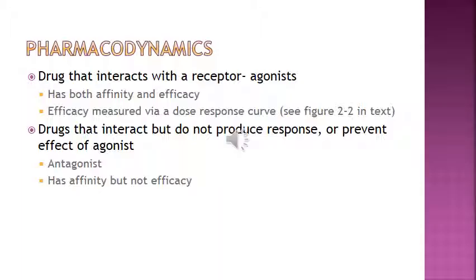What's unique about antagonists is they have affinity, meaning they are able to bind to a receptor, but they don't have efficacy because they do not produce a response. So agonists produce a response, antagonists don't. As we talk about different types of drugs, you will see different agonist and antagonist drugs, depending upon what the main effect of the drug is going to be.